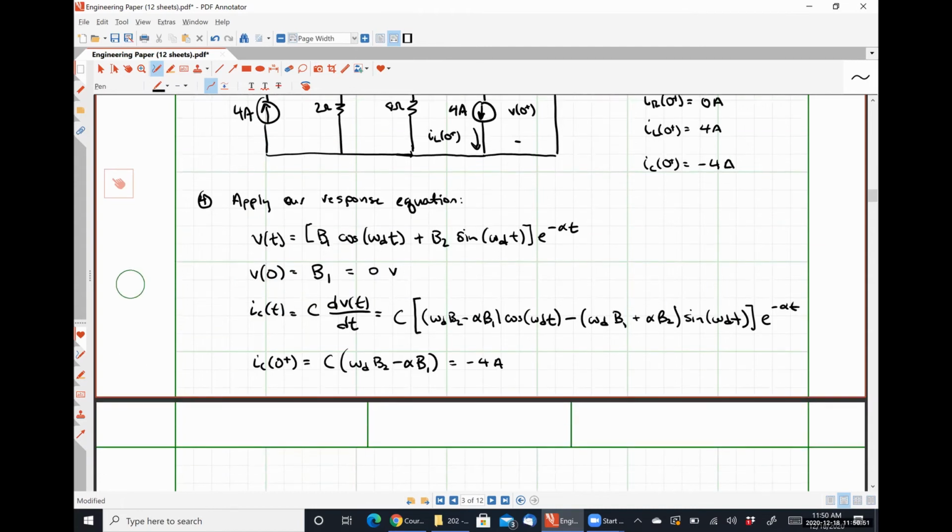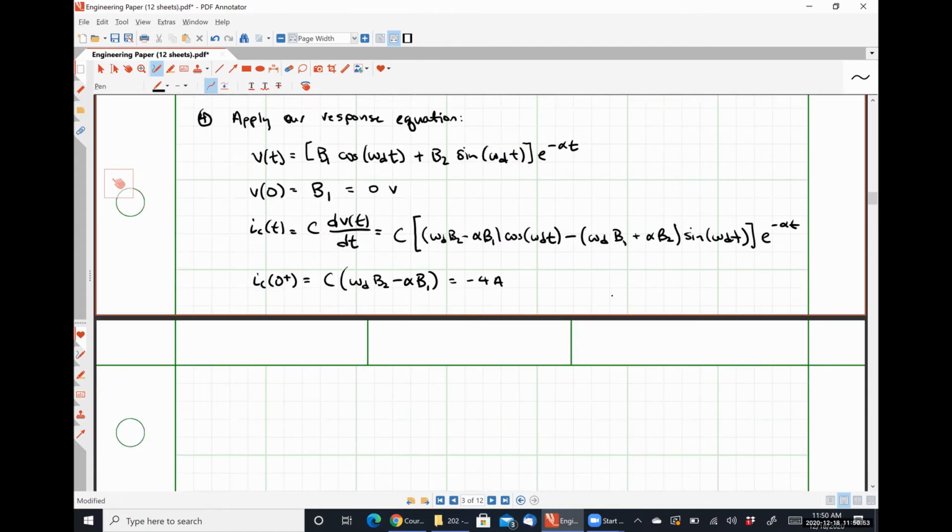So scroll down a little bit. We have -4 amps equal to C, which is 0.5 farads, where a farad is an amp second per volt.